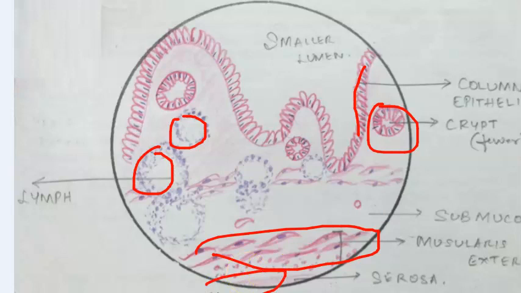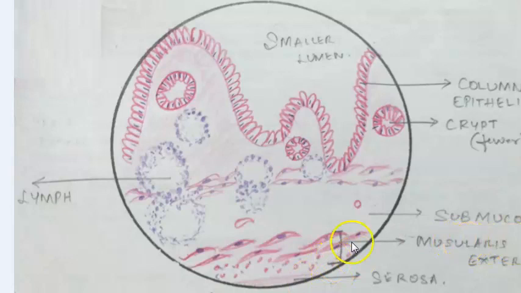The lamina propria has many lymphoid follicles, which can extend to the submucosa. In the muscular layer, you remember, you have inner circular and outer longitudinal. The longitudinal layer has been drawn as circles because it's a cross section.